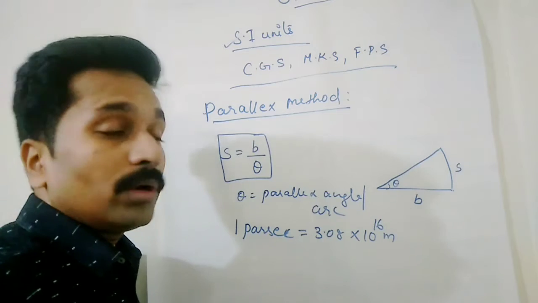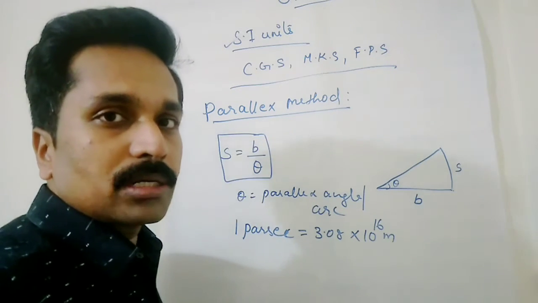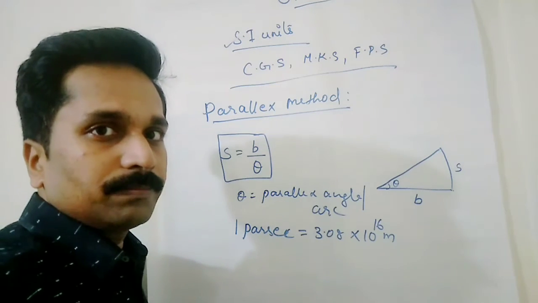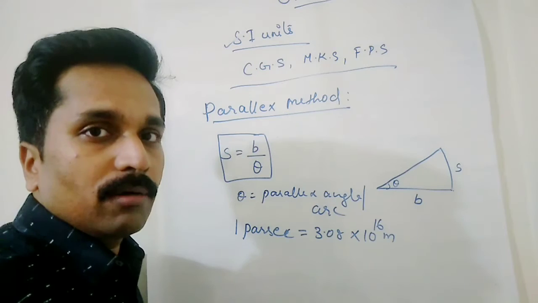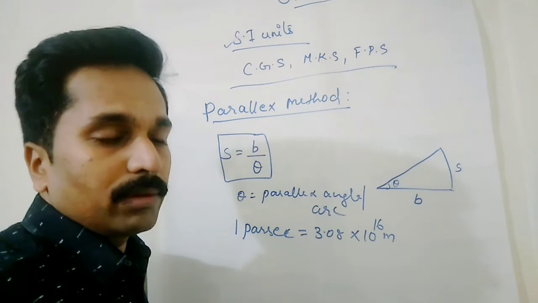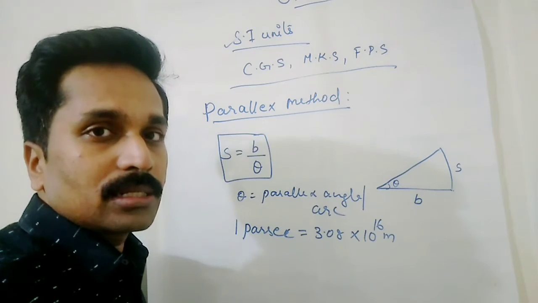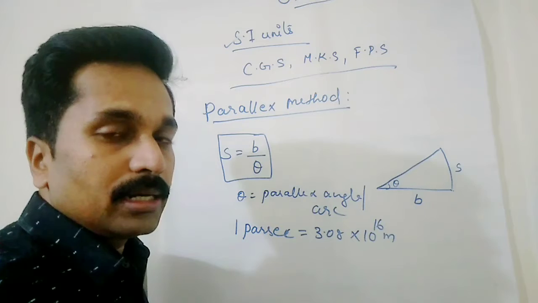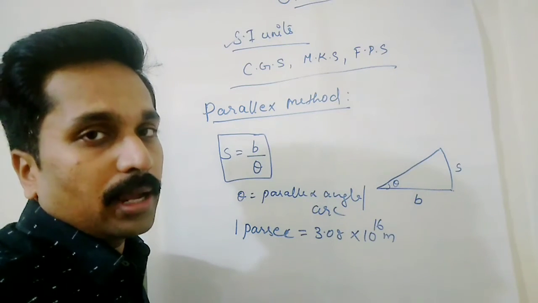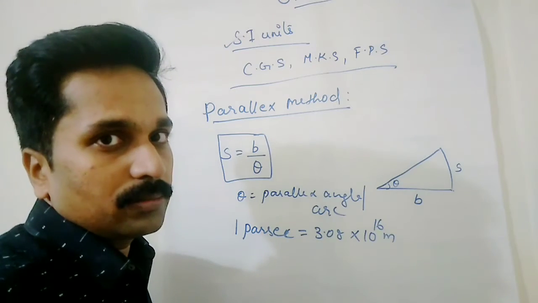Astronomical unit is the unit used for finding the distance of separation between sun and the earth, and 1 astronomical unit is equal to 1.49 into 10 to the power 11 meters. Then comes the light year, the distance traveled by light in vacuum in 1 year, equal to 9.46 into 10 to the power 15 meters.